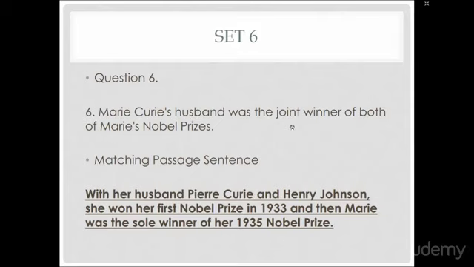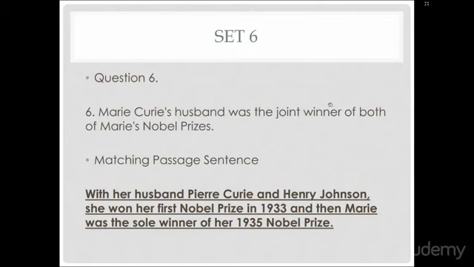So, what they are probably going to be focusing on here when we look at the question is, was he the joint winner of both? Like I said, for most questions, you can really look and see what they are going to focus on in deciding true, false, or not given. You can almost always look at the question and be able to tell what they are going to focus on to determine true, false, not given.